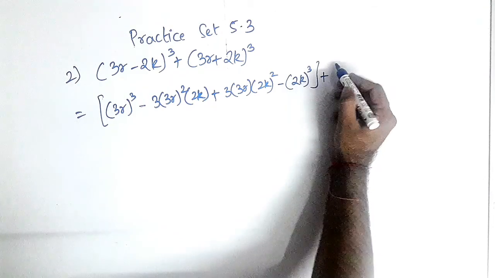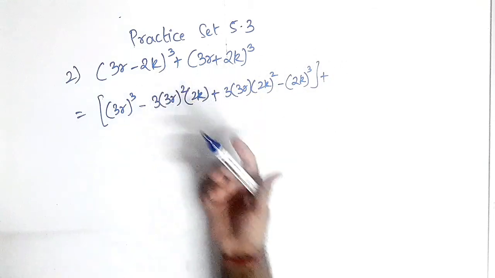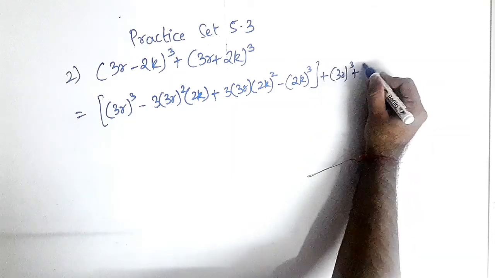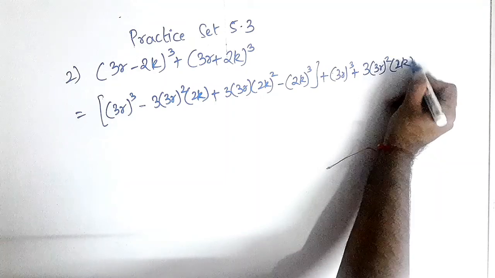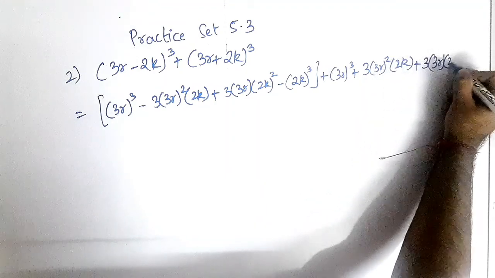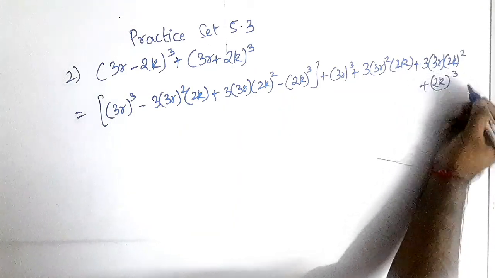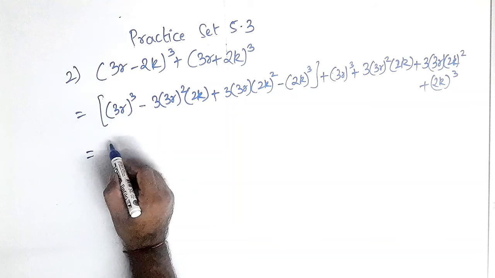Plus this. I will not put the bracket because plus sign is there before the bracket, so directly you can write a cube plus 3a square b plus 3ab square plus b cube.